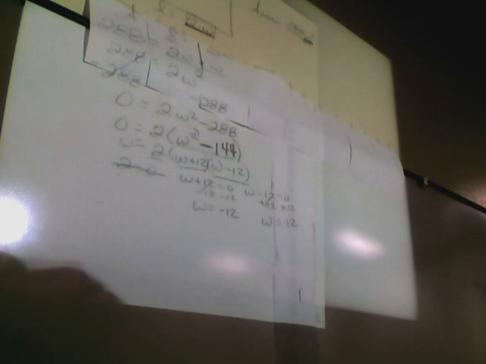What does W stand for in this word problem? The width. Can the width be negative 12? No. Normally you measure something, you don't say I'm measuring and on my tape measure I got a negative 12.